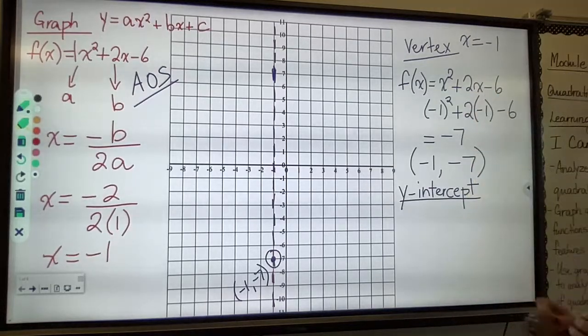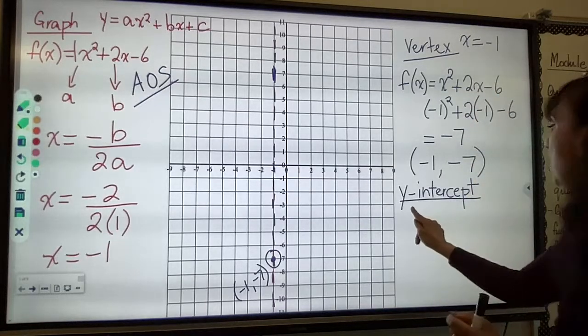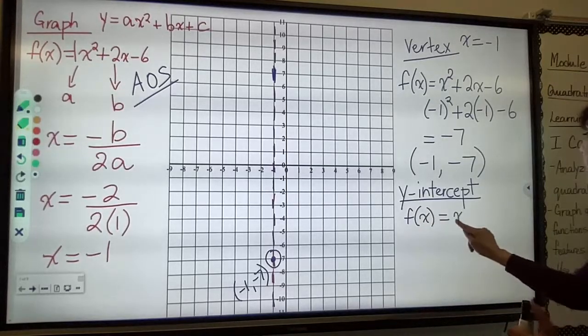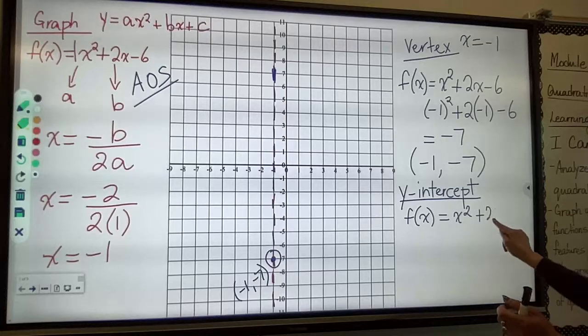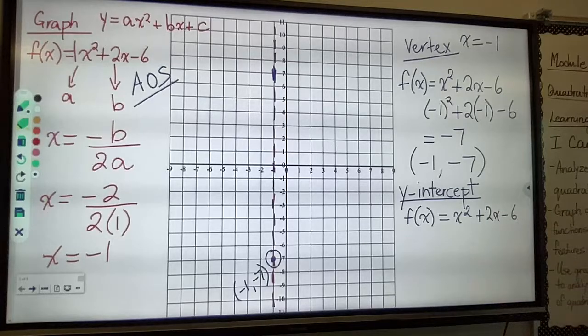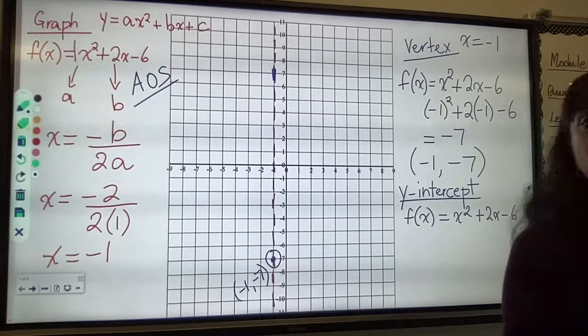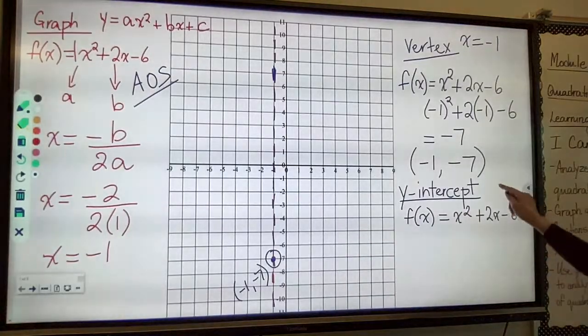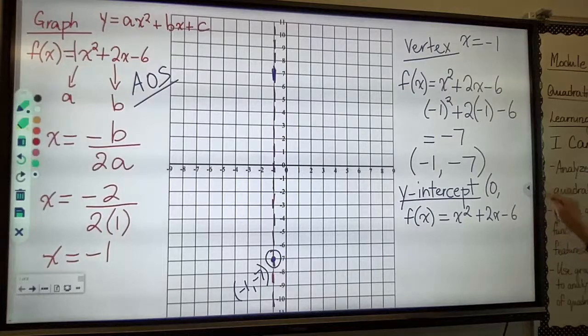Okay, and I am going to take that same equation, which is f of x equals x squared plus 2x minus 6. And I told you that where we have the y-intercept, it is 0, something, right? Because x is 0, and then we have to find out what y is.